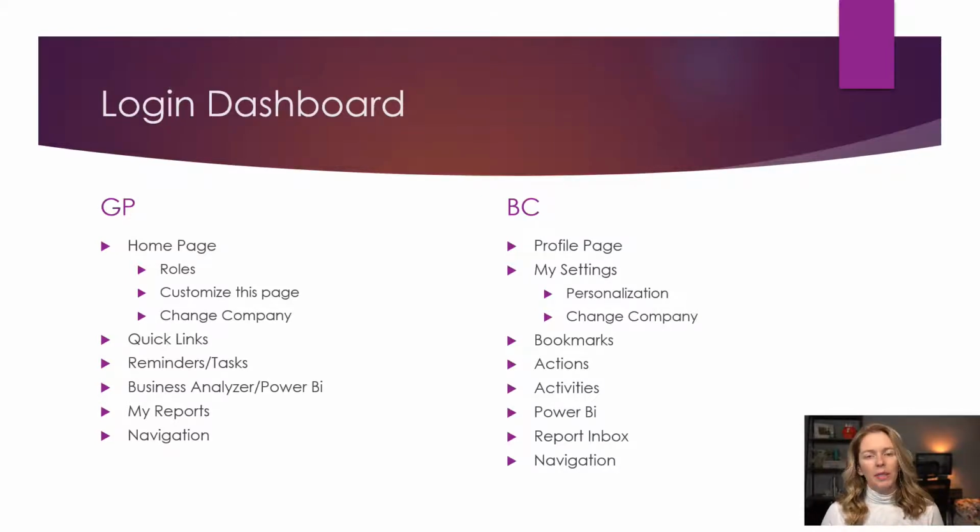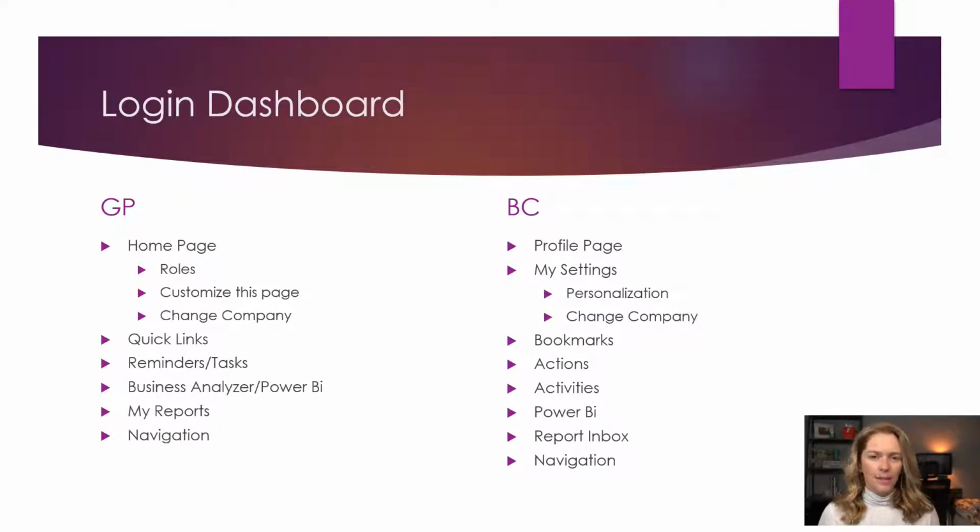So in GP, when you log in, it's going to give you a role. You can customize your homepage. You can change company, you can change dates, you can do all of that stuff from just your main homepage in GP. In Business Central, you have to go into a My Settings area to do that.